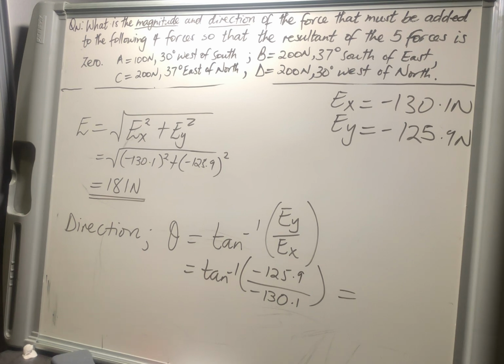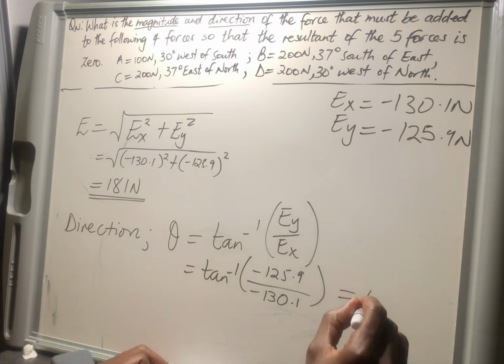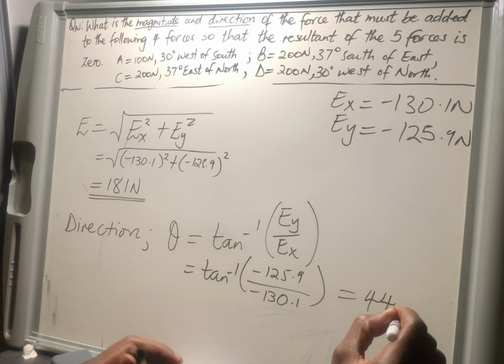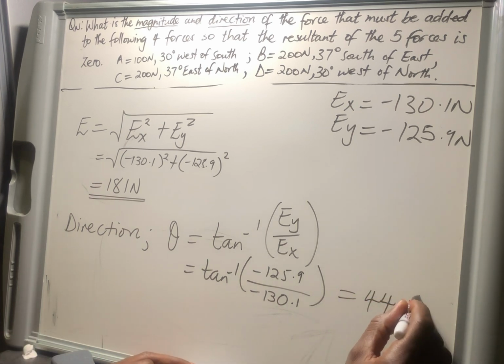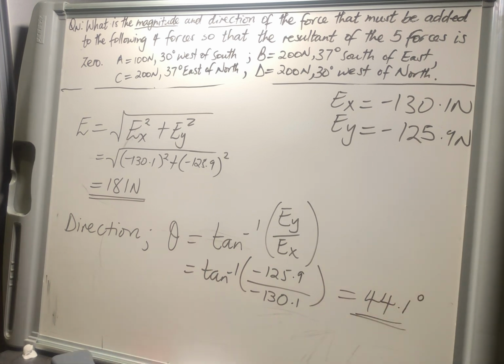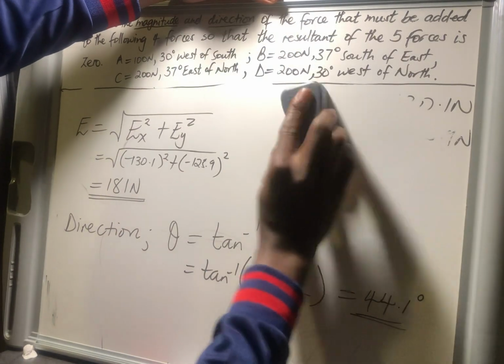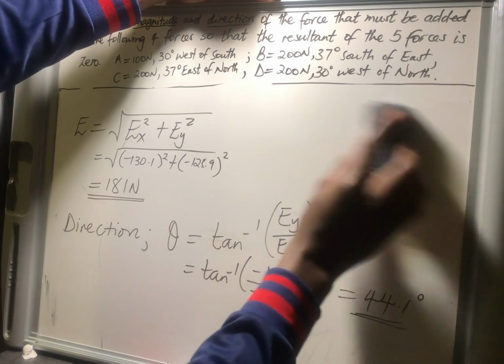If you punch very well on your calculator, you're going to get 44 degrees. It's actually 44.1 degrees. So this is the direction.